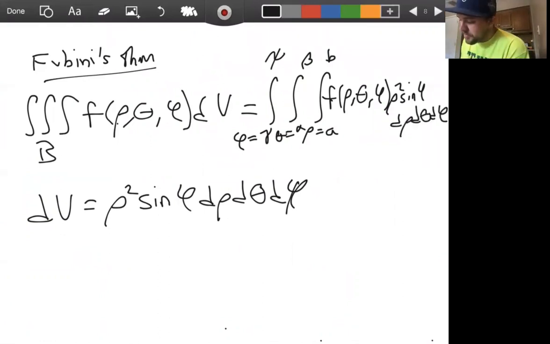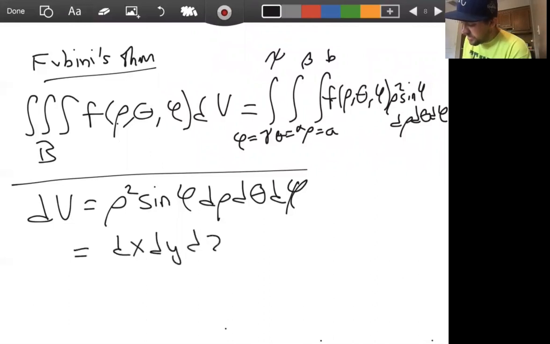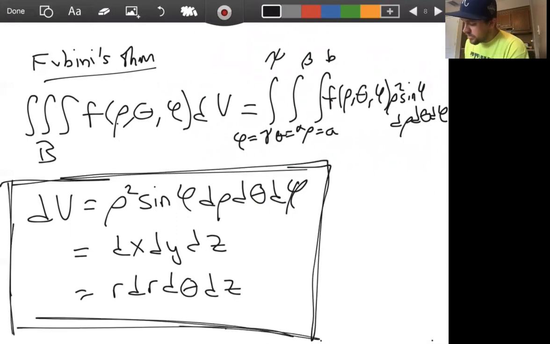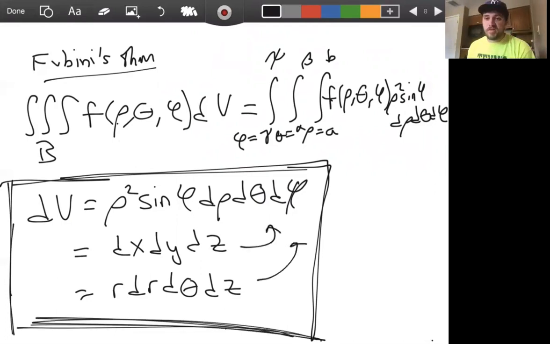Okay. And so again, remember, this is like dx, dy, dz, which was r dr d theta dz for cylindrical. And so when you express an integral in spherical coordinates, or if you convert between any of these coordinate systems, you have to convert the differential properly, right?